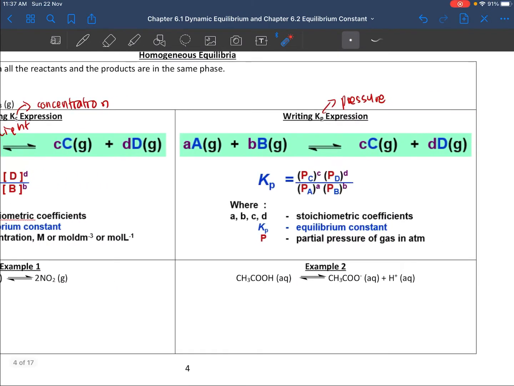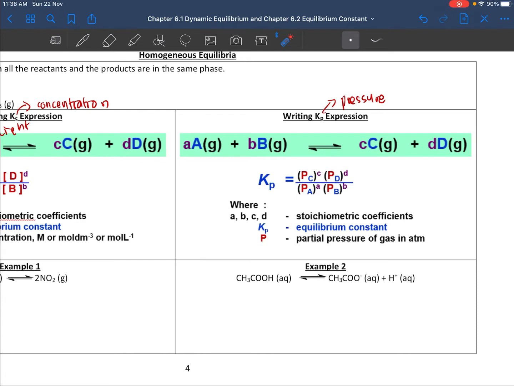Next kita tengok macam mana nak tulis Kp pula. Sama juga, kita ambil produk, untuk produk ni kena darabkan. Dalam ni partial pressure of C lah sebab pressure kan. So PC to the power of c kecil, partial pressure of D to the power of d kecil over reactant pula.